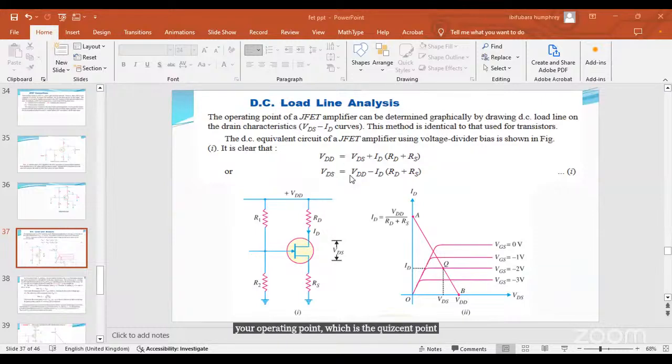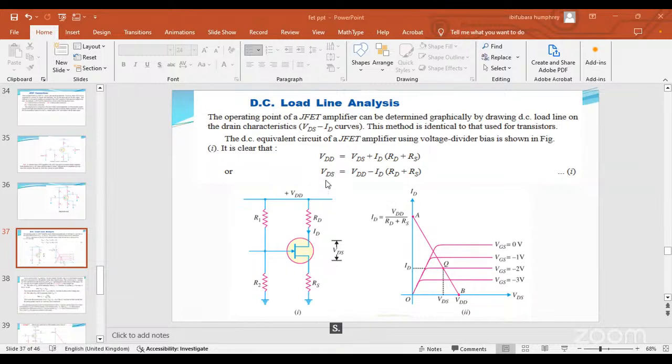So for JFET, you have that expression: VDD is equal to VDS plus ID in bracket RD plus RS. That is for voltage divider. So at maximum, we have VDD over RD plus RS.